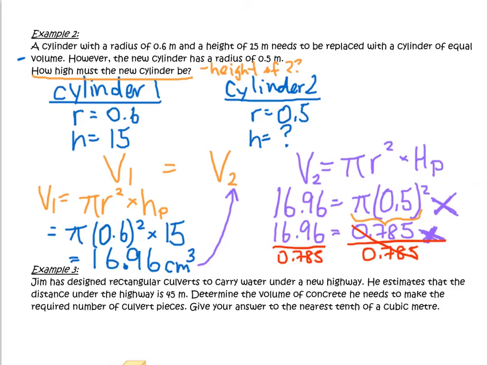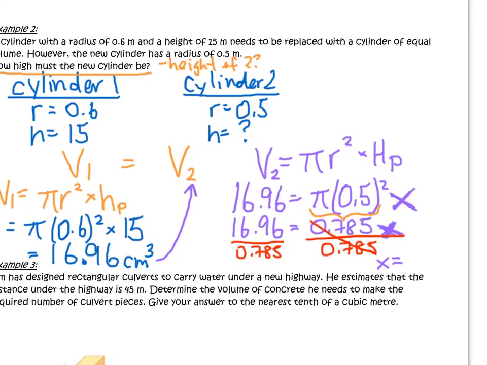x equals 16.96 divided by 0.785. What do you get as the answer? Philip? 21.605. Let's just say 21.6. 21.6 what?